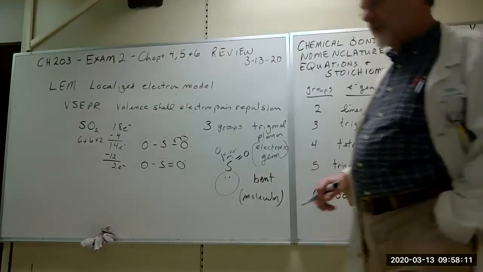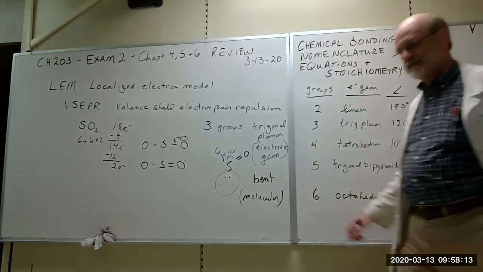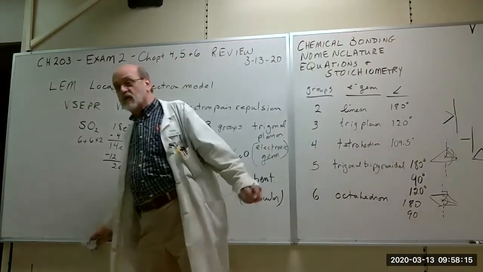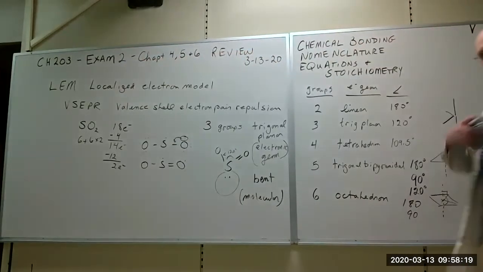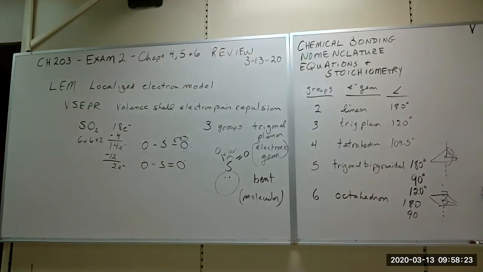So I don't know the answer to that one. So if I give you a question that looks like that one, then call me on it, and I'll just scratch it off. Because my intention is not to do that one. Okay, octahedron gets even more complex, so let's leave that away. We don't have time for it right now.